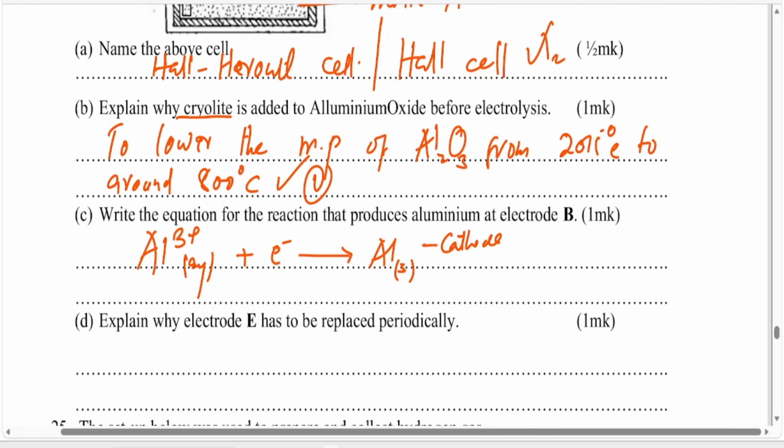So I will try to do my rough work somewhere and try to see how to balance this particular equation. So in this case, on the other side, we had at the anode oxygen ions, which discharged electrons to produce oxygen molecule, which is gas, and electrons.